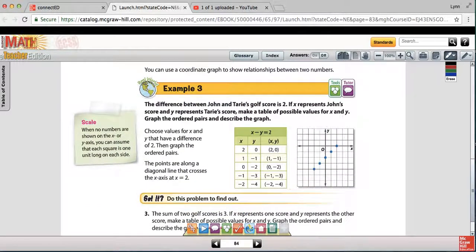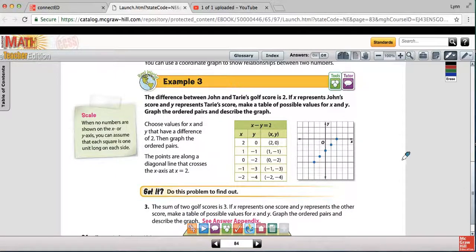On example 3, we have a story problem where we are given the information that the difference, the subtraction, between John and Terry's golf score is 2. If John's score is X and Y is Terry's score, we have an expression of X minus Y, and then we know that it's equal to 2, so we have an equation.